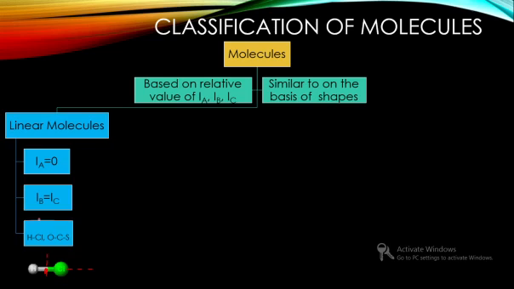Here you can see, if the atom rotates about the molecular axis, what happens? The atoms are placed along the axis. For moment of inertia, you know the expression is mass into r square, where r is the perpendicular distance of the mass from the axis.